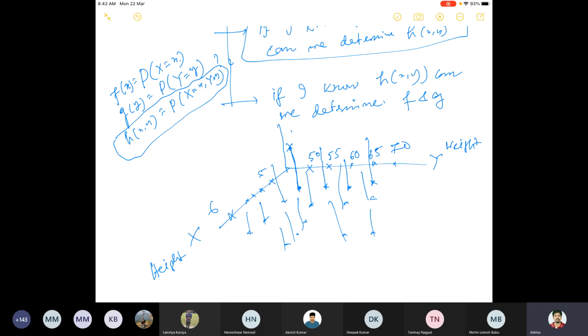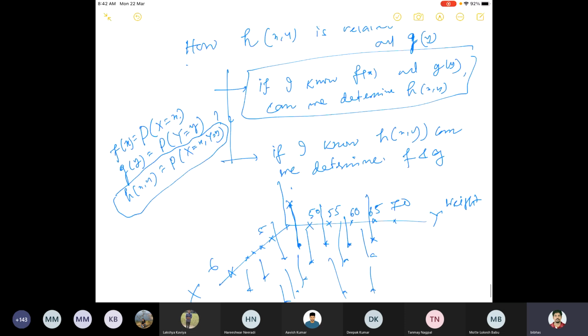If they are not related, then probably I can find the probability distribution of a single random variable like weight or height from this joint distribution. If they are related, probably I will not be able to, and that is the case. So the big answer is no in general, though for some specific random variables it can be done.